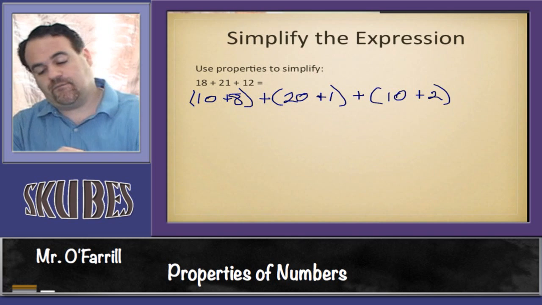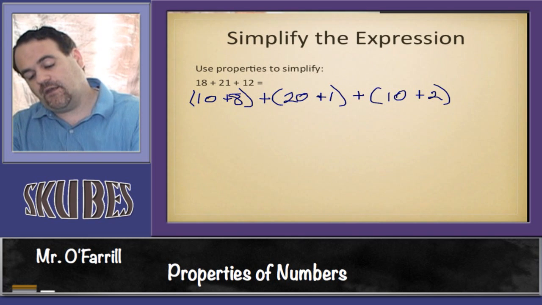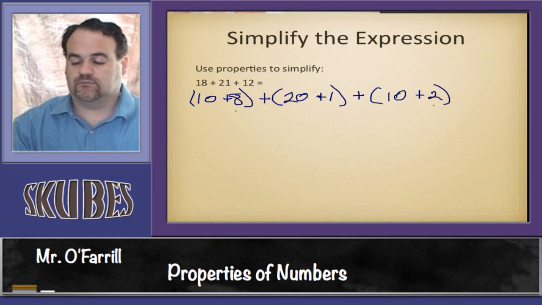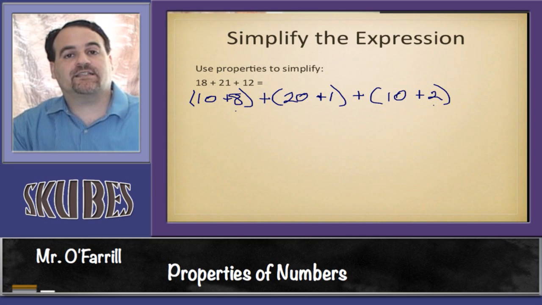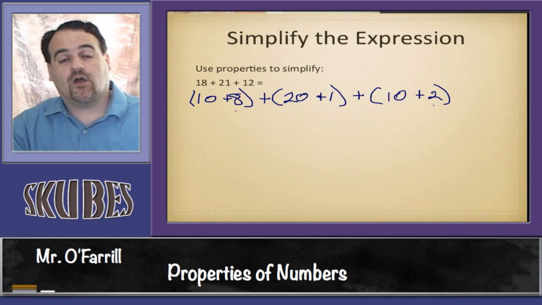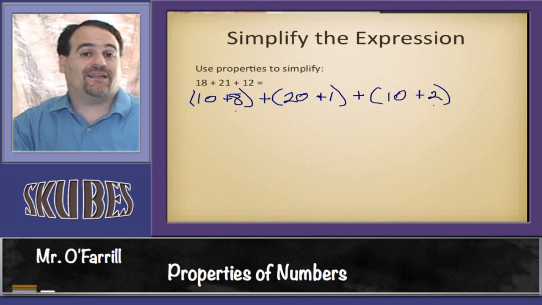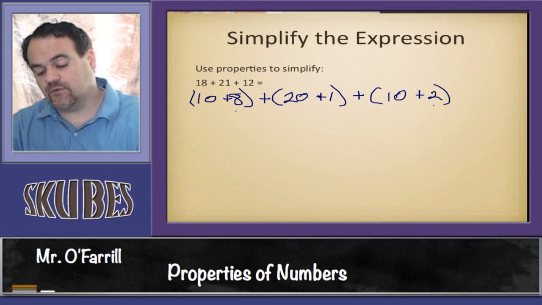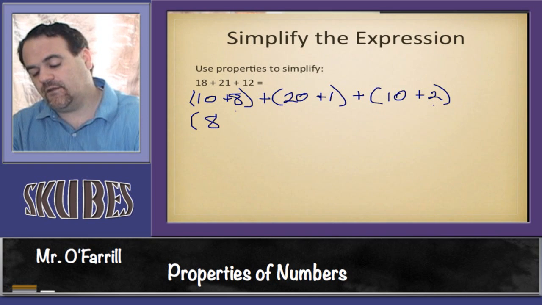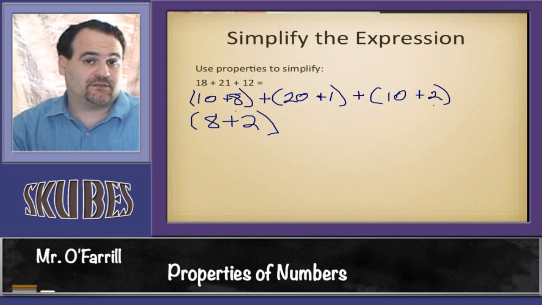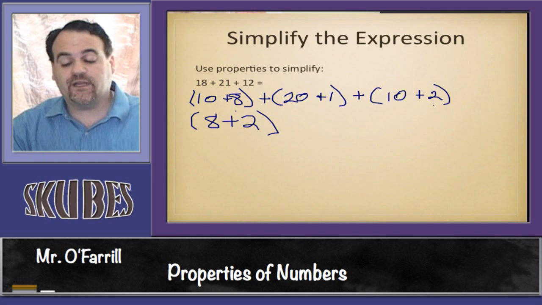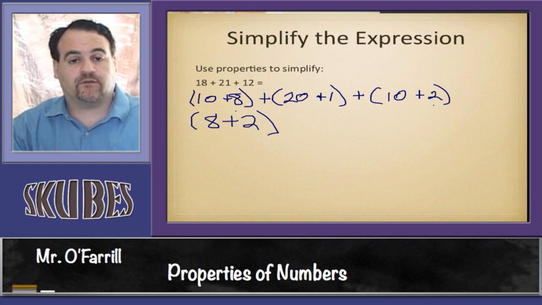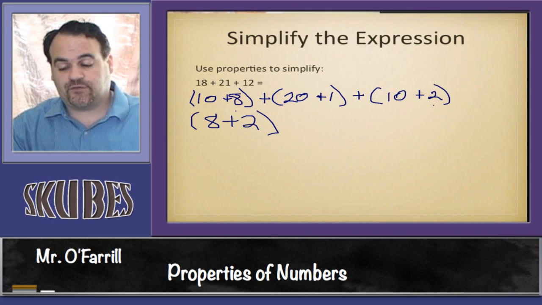So the first thing I wanted to bring to your attention is this: 8 and 2. Well, we know what 8 and 2 is. You should recognize that pretty quickly, because 8 and 2 are just combining together to make 10. And that's what we're going to do, is we're going to group the 8 and the 2 together. I move the 8 to the beginning, put the 2 next using the commutative property, and then regrouped them using parentheses. Now let's go through our bigger numbers.